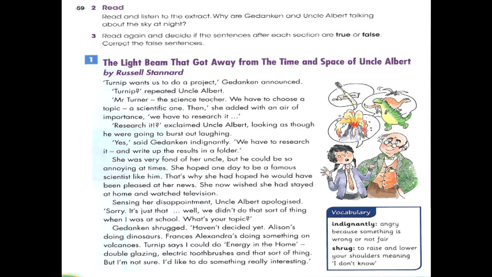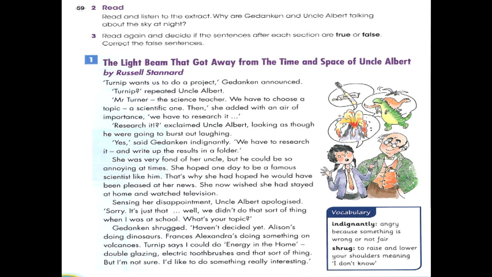The Light Beam That Got Away, from The Time and Space of Uncle Albert by Russell Stannard. Part 1. Turnip wants us to do a project, Gedanken announced. Turnip? Repeated Uncle Albert. Mr. Turner, the science teacher.